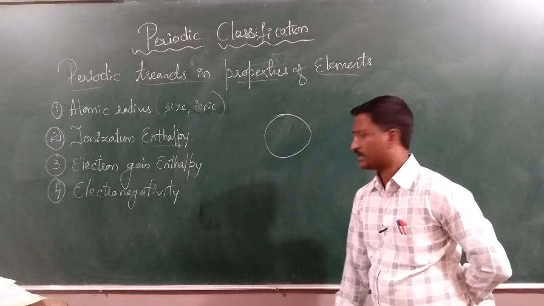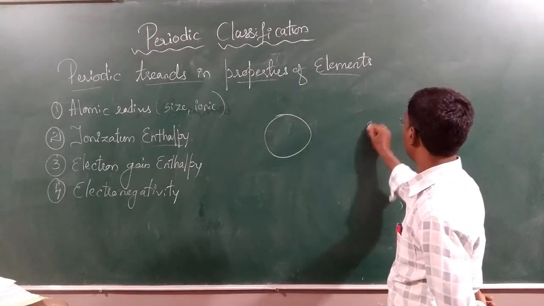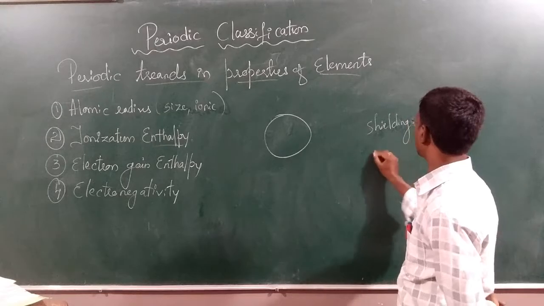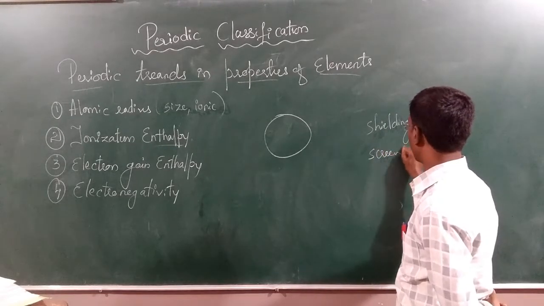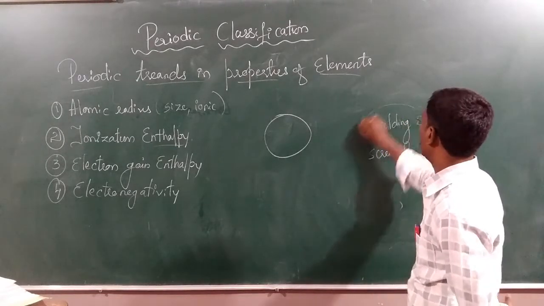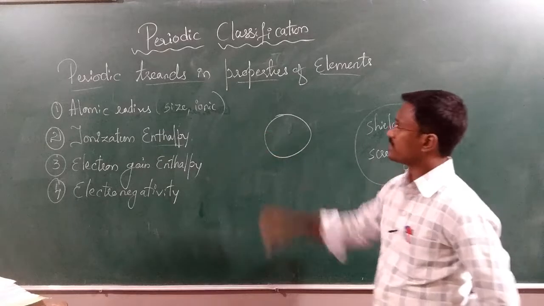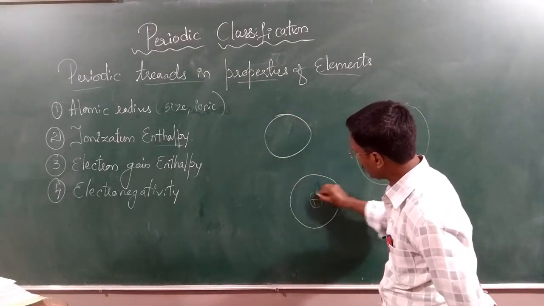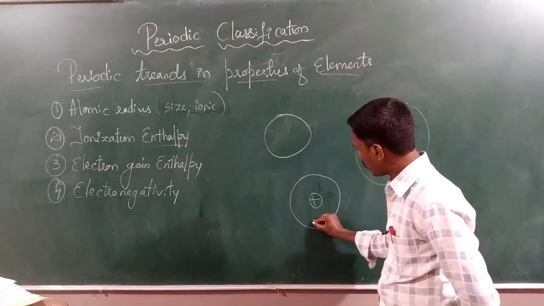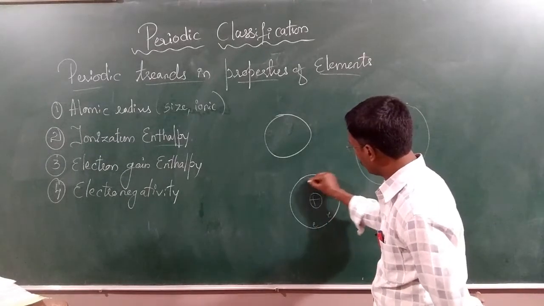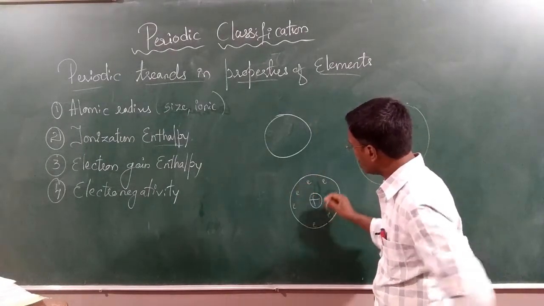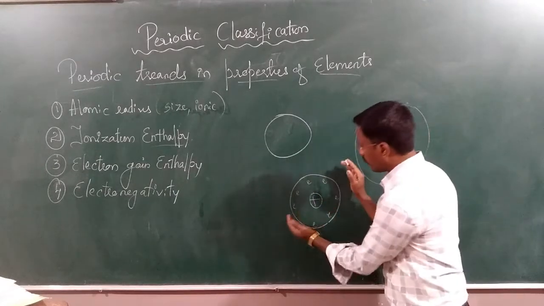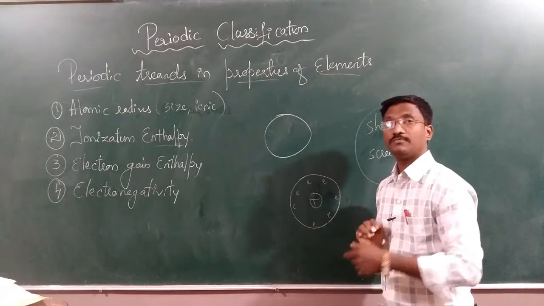One more thing I would like to tell you: shielding, also called the screening effect. What is this screening or shielding? Just now I said in atomic size, the center contains the protons, that is the nucleus. As the number of electrons increases in the outermost shell, there is an attraction between the outermost electrons and the nucleus, so atomic size decreases.